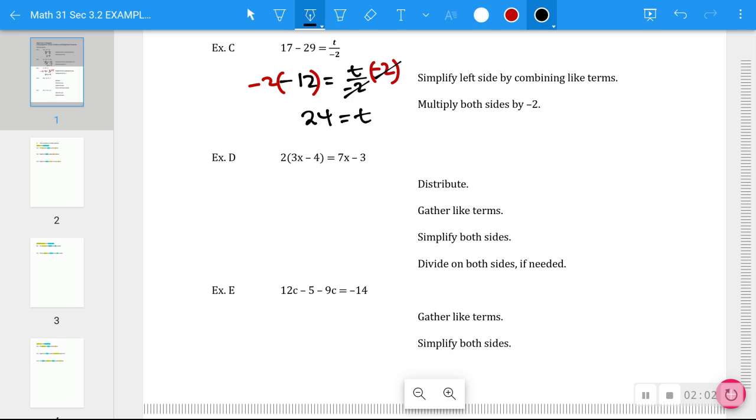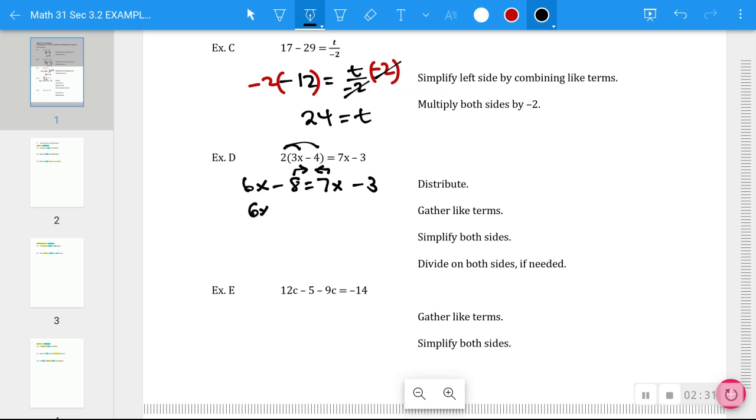On example D, we have on the left-hand side a situation where we have to distribute. This is the first example of this sort of problem. We're going to have to gather like terms. I'm going to do that by bringing all the x's to the left and all the other terms, the constants, to the right. And those two that we're moving have to change signs.